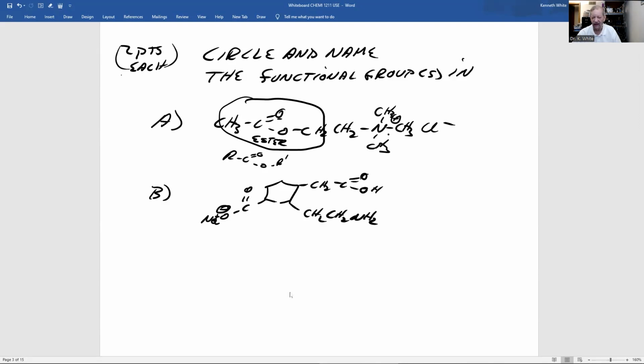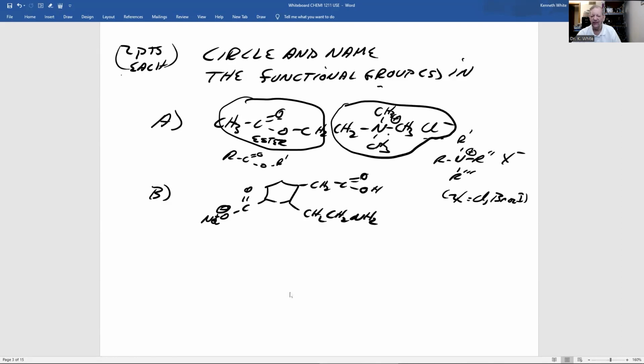Ooh, nitrogen with 4 groups attached to it. And a halogen anion. Remember, X can be chlorine, bromine, or iodine. And what is this? This is a quaternary ammonium salt.